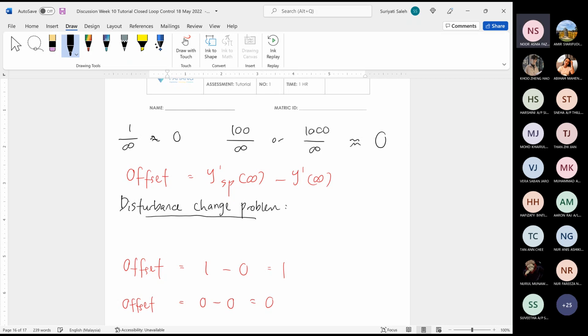If we take a look at your slide, let's refer to your slide. Feedback control. If we refer to the definition, set point and disturbance problem. Based on this slide, you can see there are set point changes and disturbance changes.